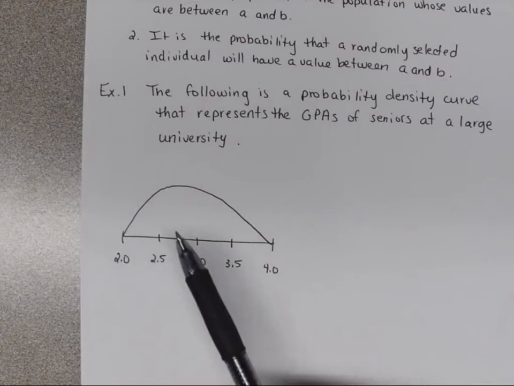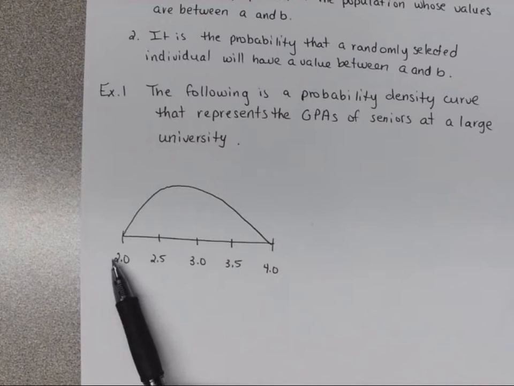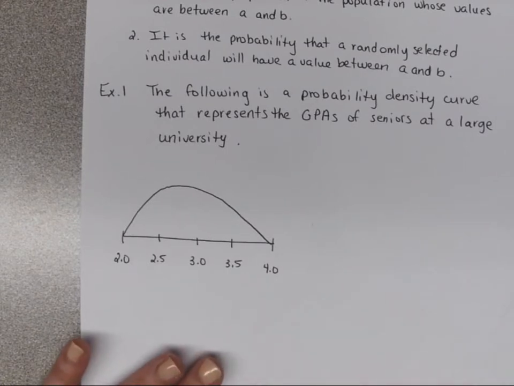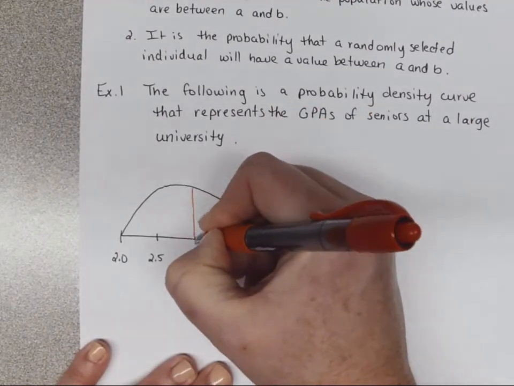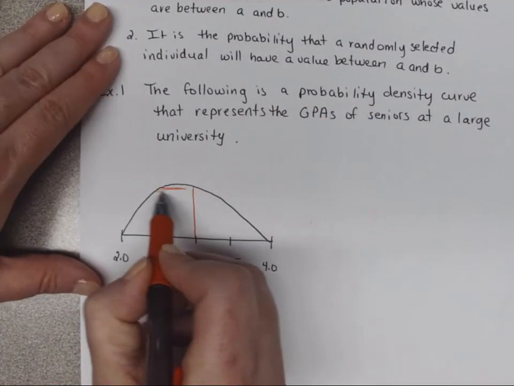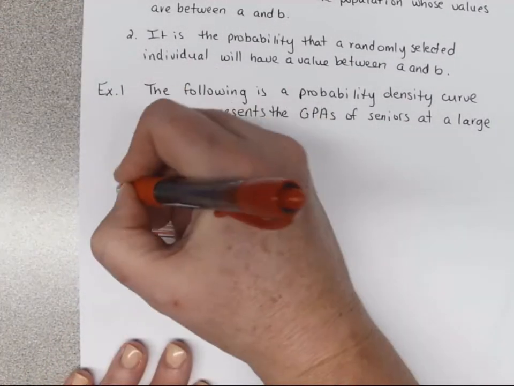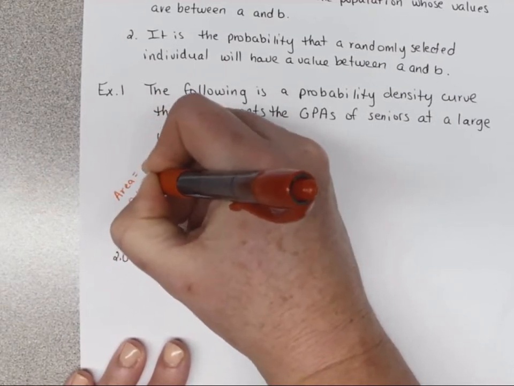So in other words, this is a curve that explains, right? There's just a few people that are at the 2.0 range, and there's a few people that are at the 4.0 range. So I'm going to use different colors here. Let's say that I want to talk about how many people are in this area, and let's say that I tell you that the area of this section is 0.67.